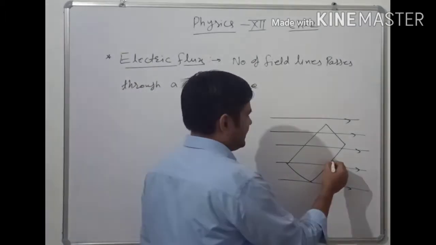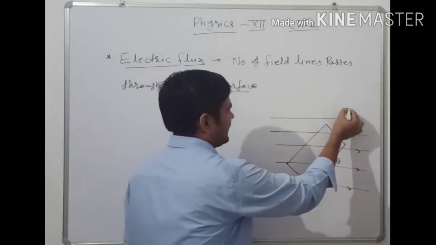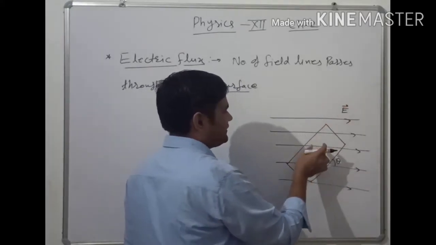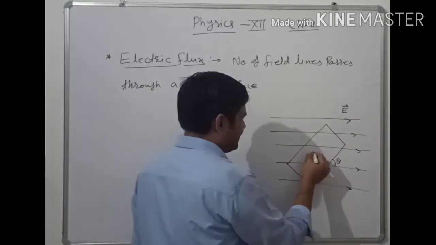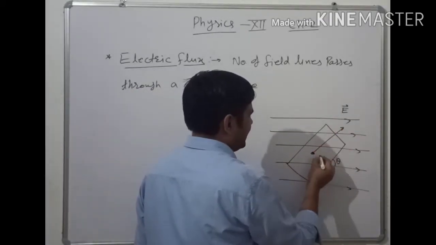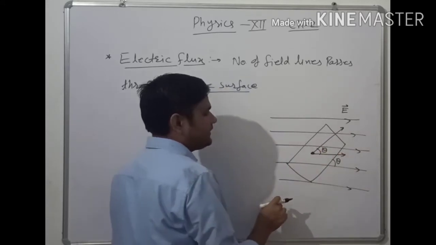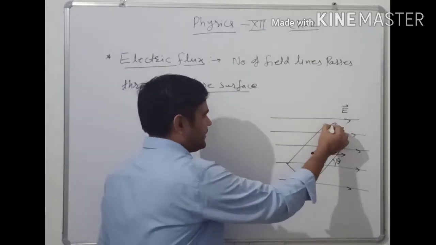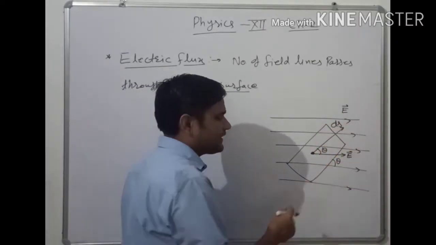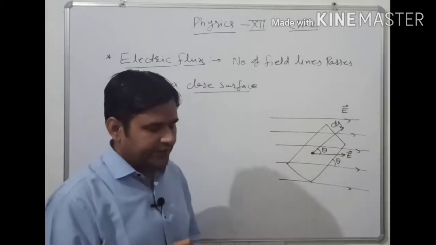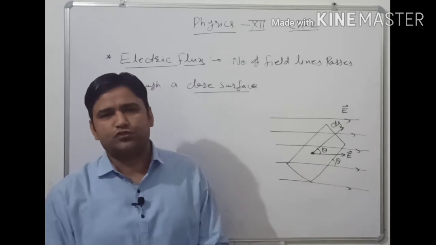If it is to be at angle theta degree with these particular electric field lines, ये इलेक्ट्रिक फील्ड आपके पास it is to be the closed shape. Now as per the formulations, it is to be the area vector and it is to be the direction of the electric field. There is an angle theta between them. Now it is to be represented in terms of the area vector and the electric field vector.